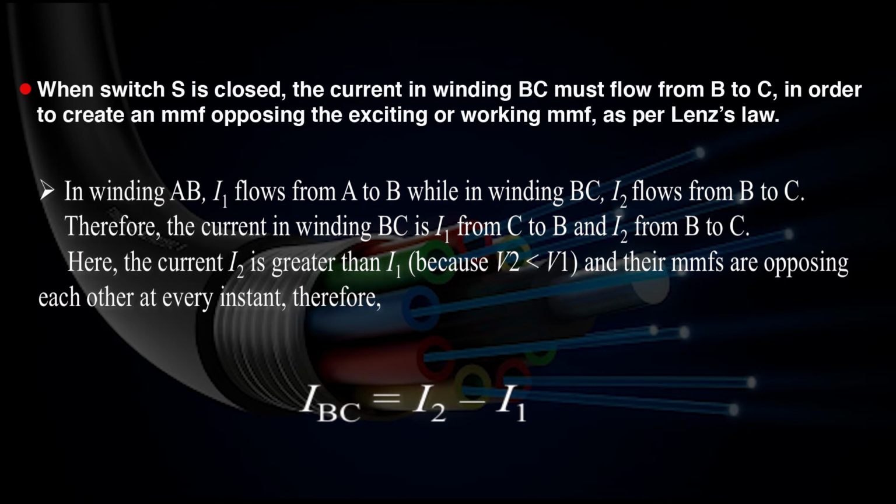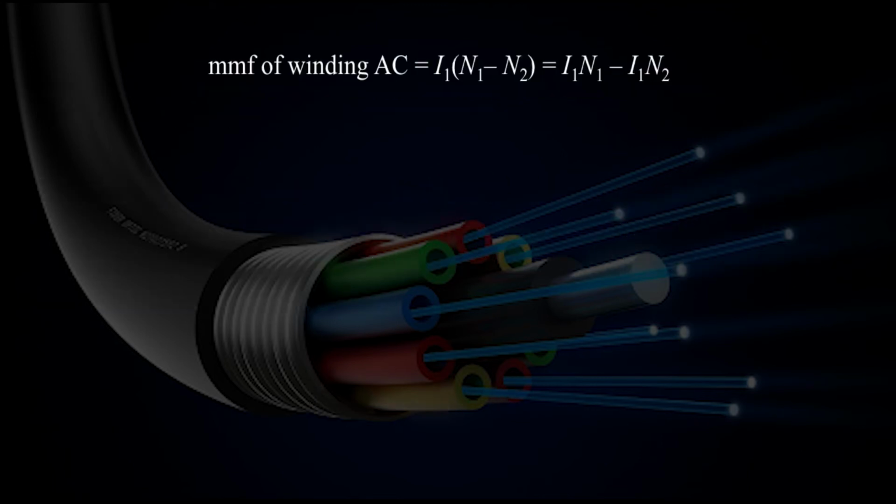I2 minus I1. Now, the MMF of winding AC can be written as I1 multiplied by N1 minus N2, where N1 and N2 are the number of turns on the primary side and secondary side.